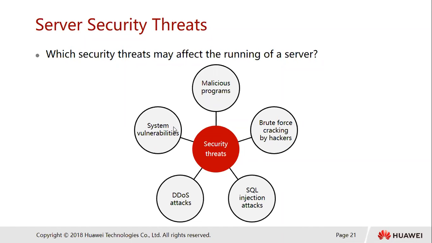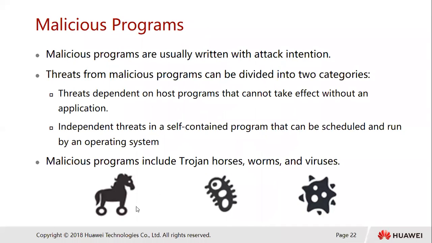These are the weaknesses of the server system. Maybe it is not updated, or maybe there's a patch which was released and you didn't patch. So these vulnerabilities lead to all these problems which we have.